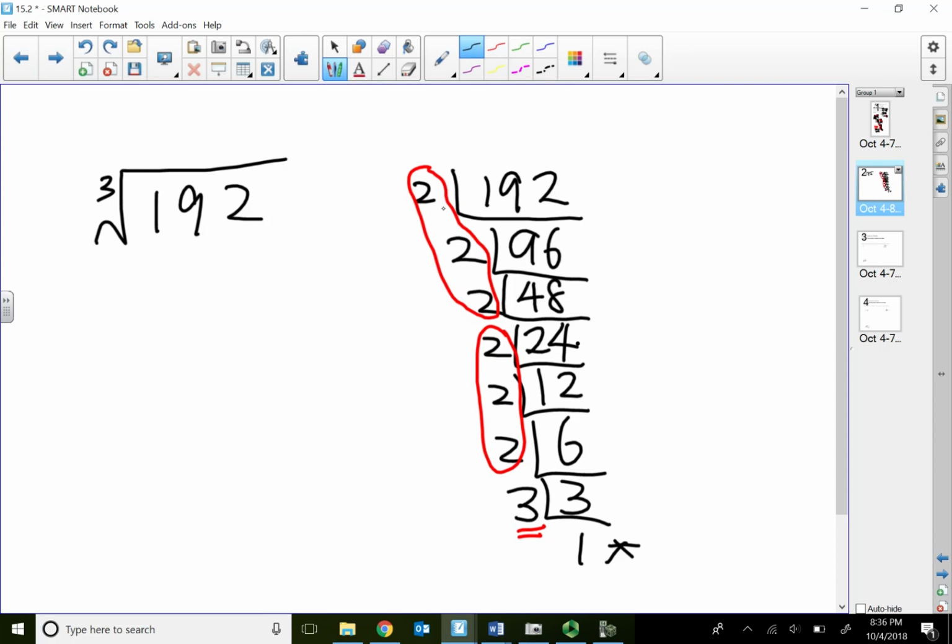If I simply write down all these twos together inside my cube root, this 192 is made out of 2 to the 6th power, that's 1, 2, 3, 4, 5, 6, times 3. So we broke down the 2 to the 6th power into two groups of twos, each with 3 of them in there.